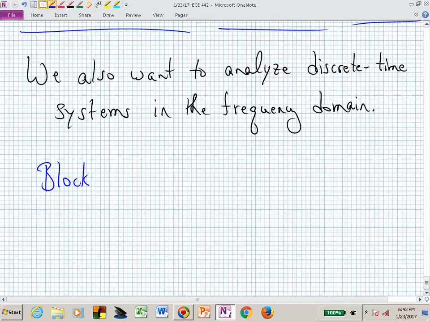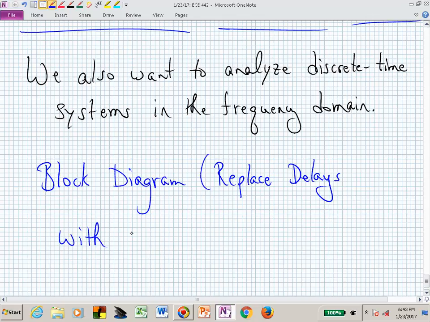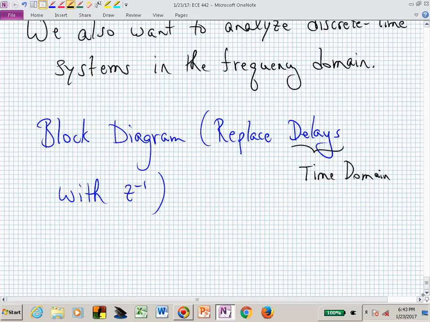Where now our block diagram is created by simply replacing the delays, which are in the time domain, with this frequency domain operator, z to the minus 1. This is our time domain, and this z is our complex frequency variable.